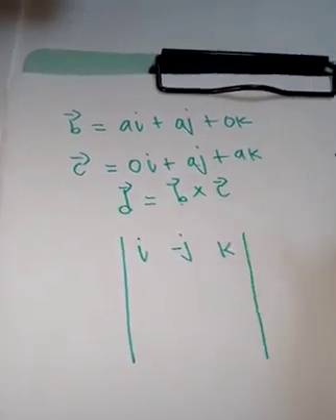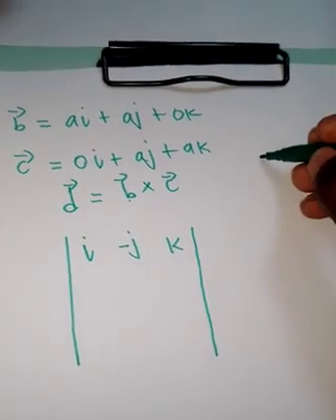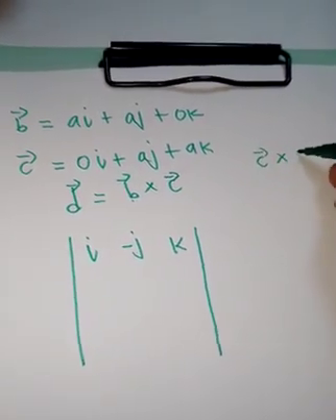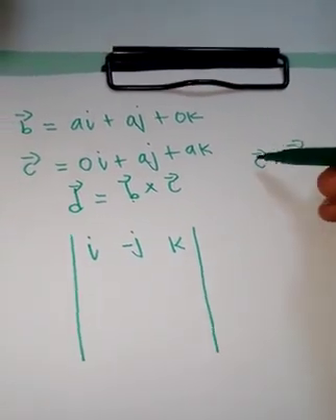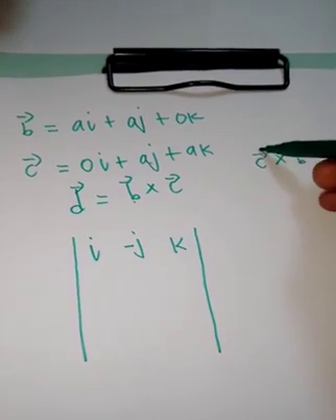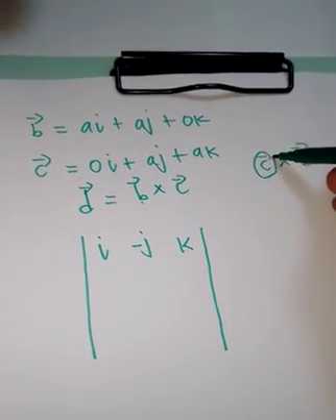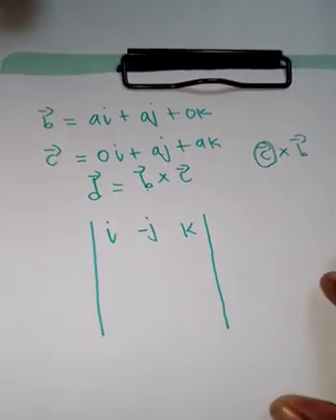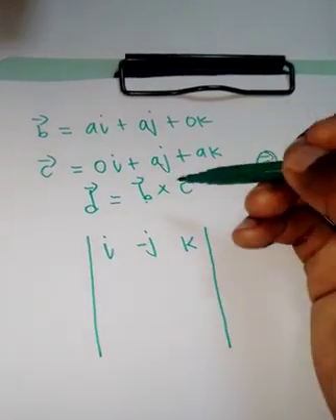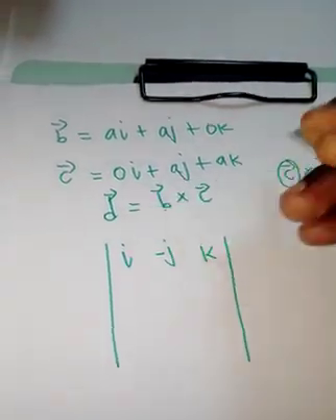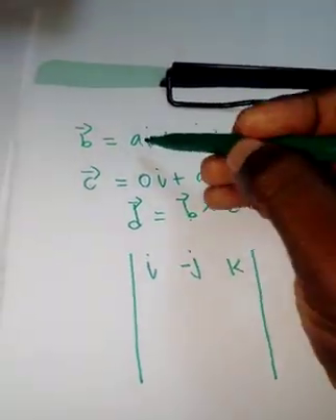So if we had, let's say, c cross b, you first get the components of c being in the second row, since this is the first row, second row. Let's start with b. So this is b. Get the components.